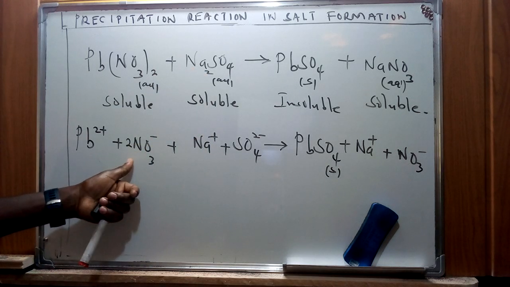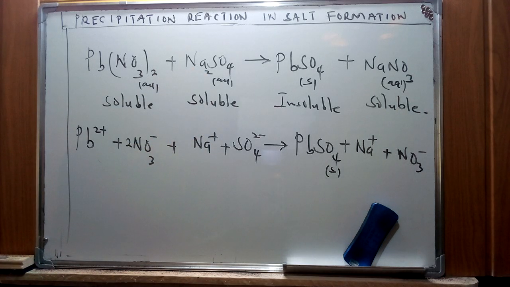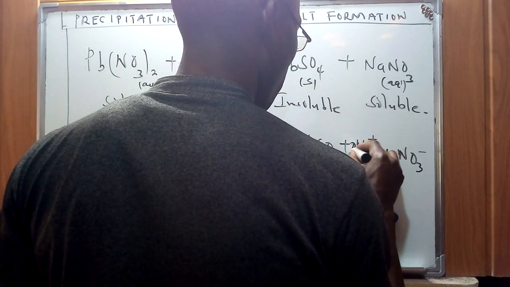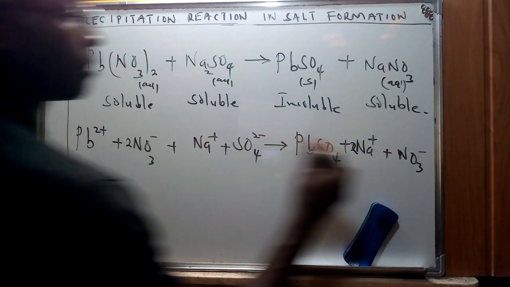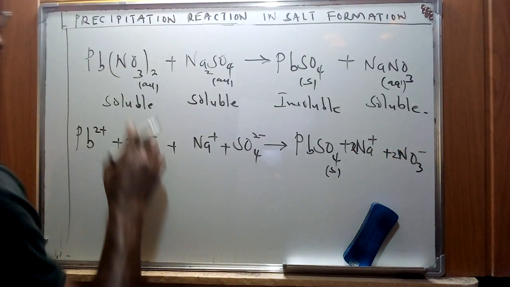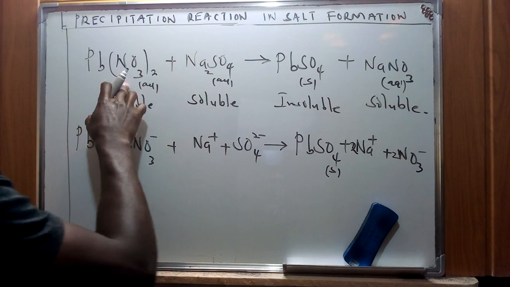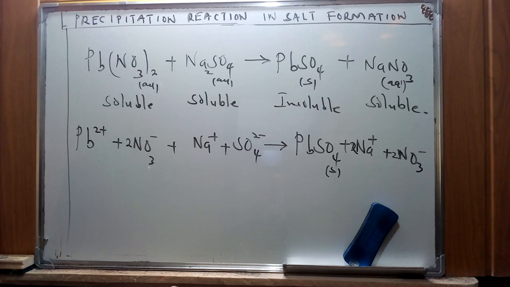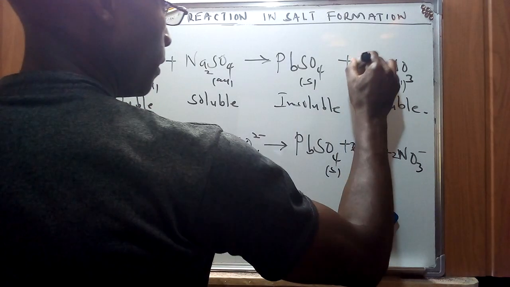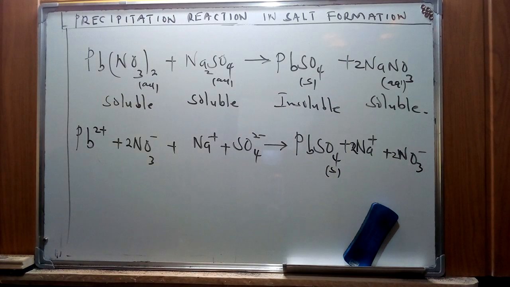But for us, of course, I did put 2 here. For us to write a stoichiometric equation for this specific ionic equation, we're going to have 2 for sodium, and then 2 for the nitrates, so that we can represent this as this. And then this is going to be 2. So those 2 equations are balanced.